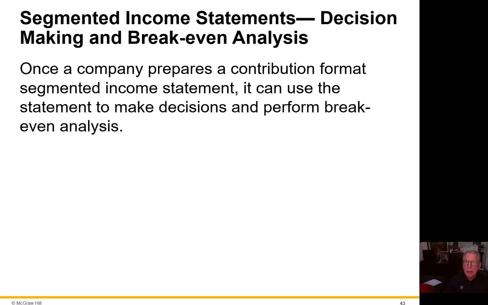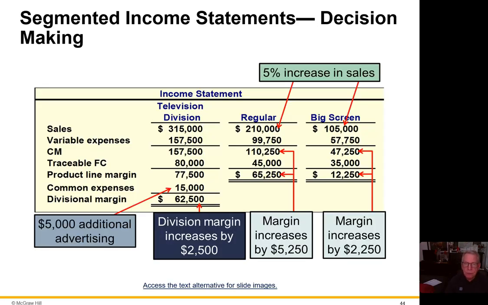Once a company prepares a contribution format segmented income statement, it can then use the statement to make decisions and perform break-even analysis. So here is that income statement with a 5% increase in sales. As we ripple that through the segmented income analysis, here's our product line margin for the regular TVs and the big screen TVs.